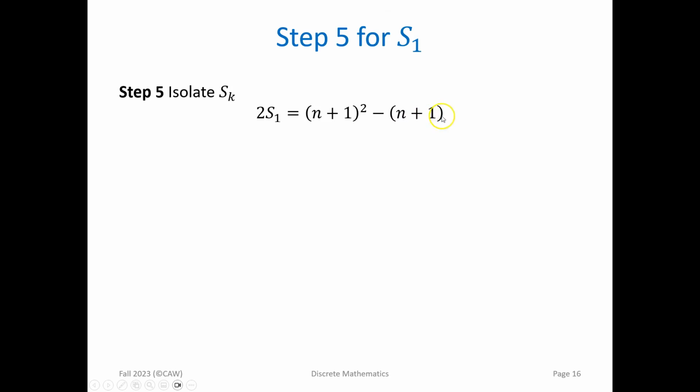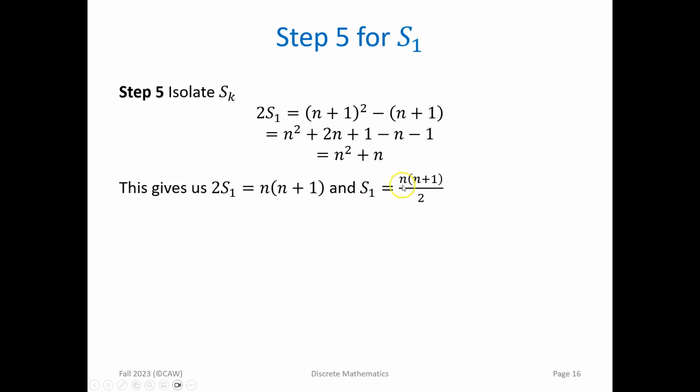I've just combined them into one parentheses. Now I'm going to multiply out the squared to get n squared plus 2n plus 1, and then multiply the negative through the parentheses to get minus n minus 1. And of course we're going to get some cancellations here, and we'll have n squared plus n as our result. So at the moment we have 2 times S1 is equal to n squared plus n.